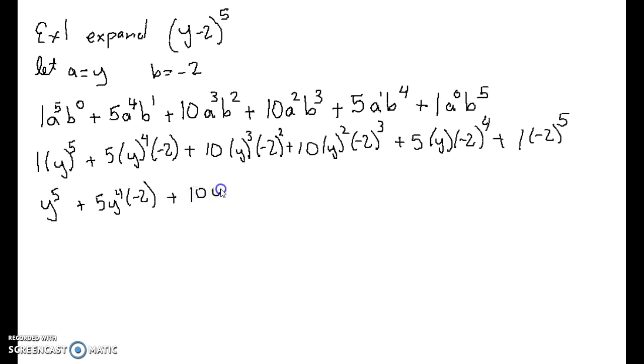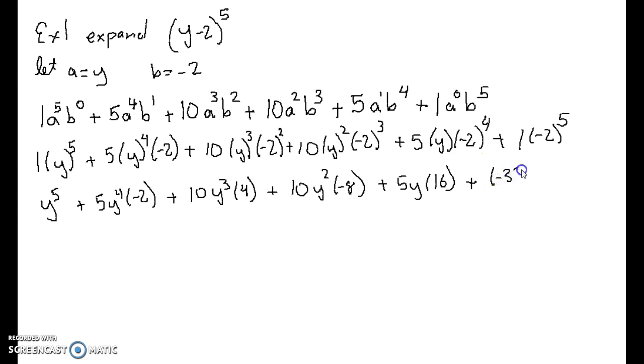This will be 10y cubed times positive 4, because negative 2 times negative 2 gives me positive 4. Here, this will be 10y squared times negative 8. This one will be 5y times a positive 16. And then the 1 will just go away, so this will be negative 32.